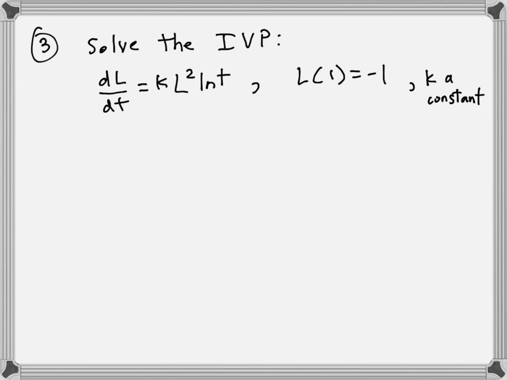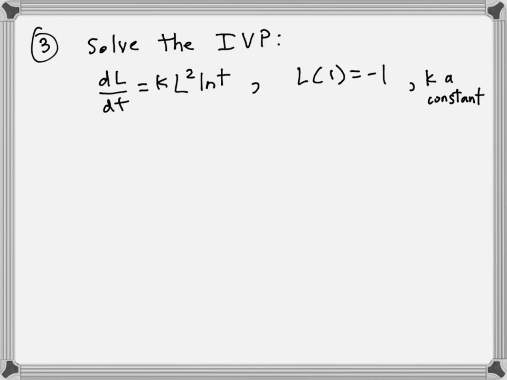Okay, so how do you solve an IVP? You need to apply both conditions, but first things first, we're going to treat this like a separable equation. Okay, we notice that the variables are clearly separable. How would we separate it?